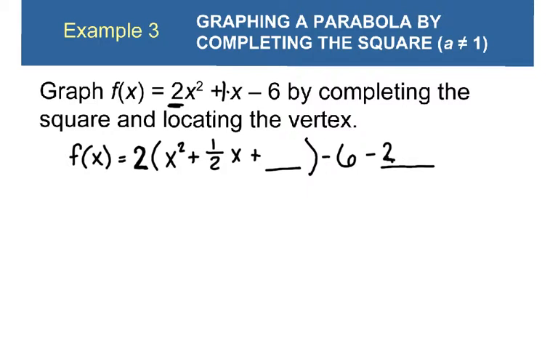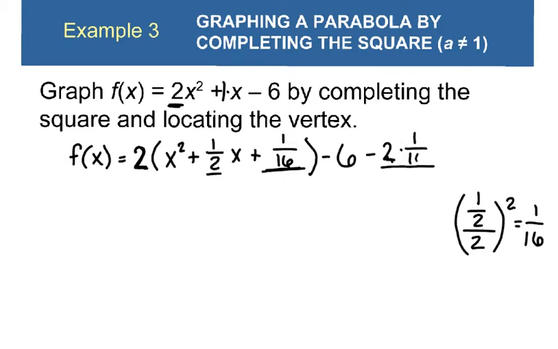So what numbers go in the blank is we take our second term, 1/2, divided by 2, and then square it. 1/2 divided by 2 is 1/4, and then squared is 1/16. So we're going to say plus 1/16, and then minus 2 times 1/16. And now let's simplify it down a little bit.